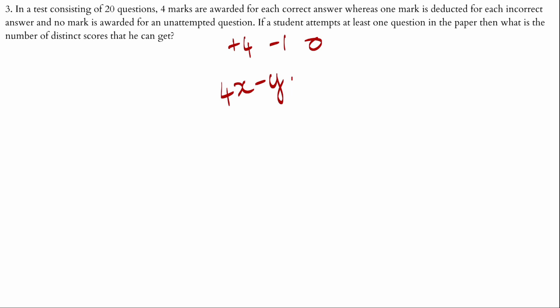And for unattempted questions, which is z, it will be 0 marks. So this is the total marks, and this is how we frame the equation.